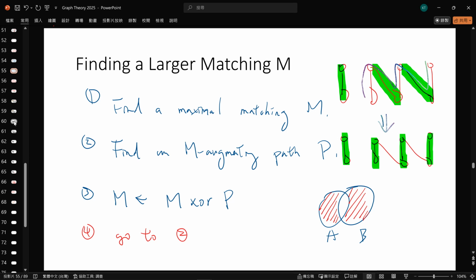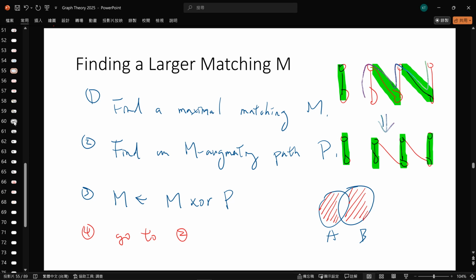Like this one, the first edge is not in the matching, the second one is in the matching, and so on, so it's alternating. And then you have to make sure that in this path, the two endpoints are not saturated, where by saturated I mean matched. So this vertex is not incident to any one of these green edges, so this one is not saturated. Similarly, this one is not saturated.